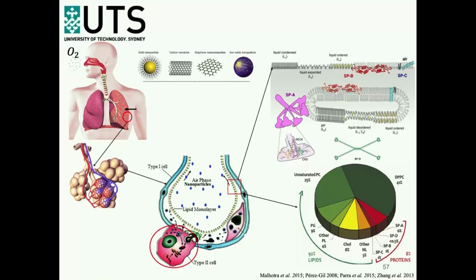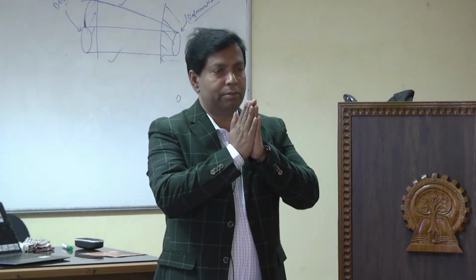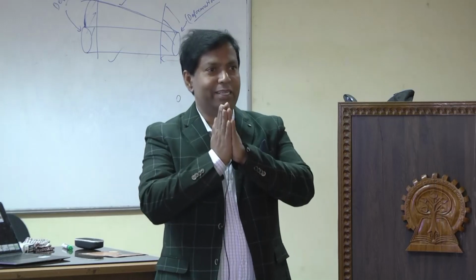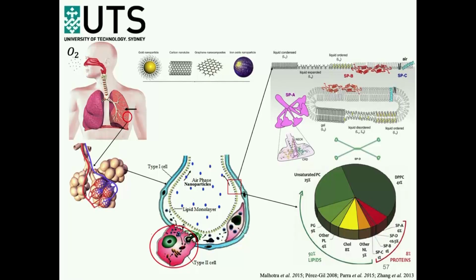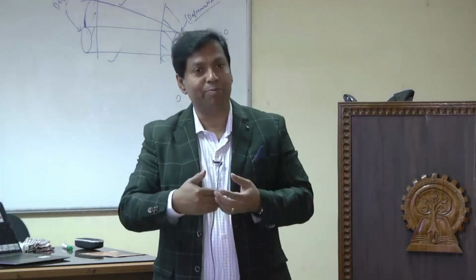So when the baby is born, their lung surfactant is actually collapsed, like this, because they don't need it. They breathe from the mom. But when they come out into the world, they have to breathe themselves. So when they cry, their lungs suddenly expand, so they get the oxygen, and from that moment they start breathing.